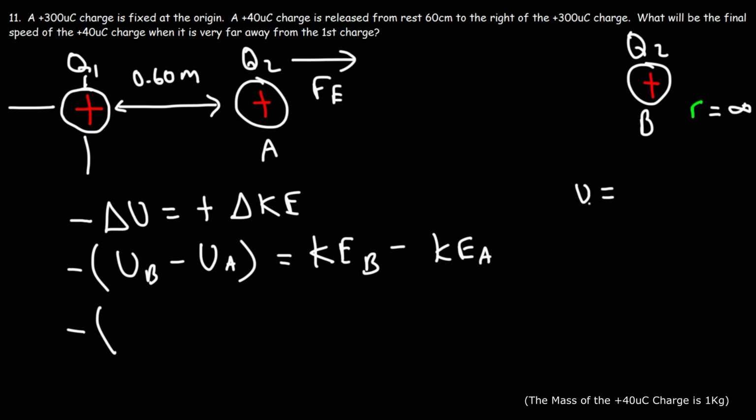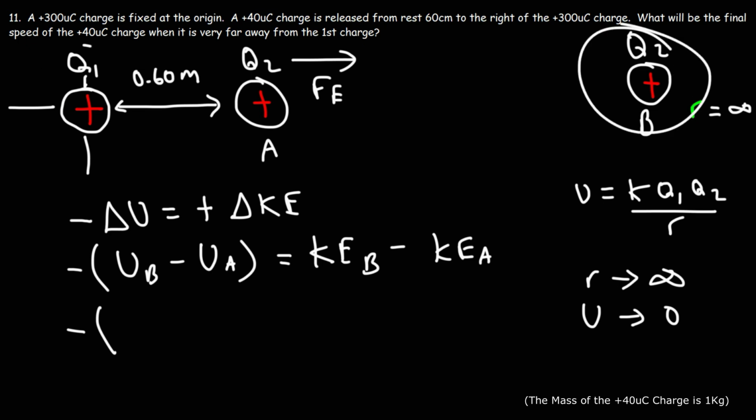Recall that potential energy between two point charges is K Q1 Q2 over R. As R goes to infinity, the potential energy goes to 0. So the potential energy between these two charges at that huge distance is going to be 0. So UB is 0. Then we have minus UA.